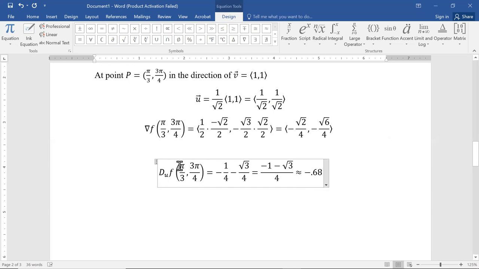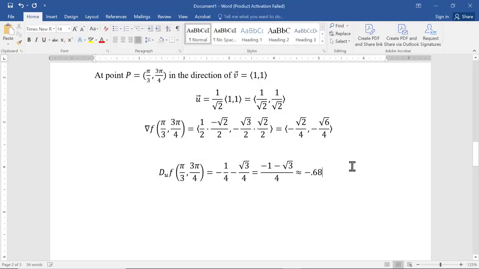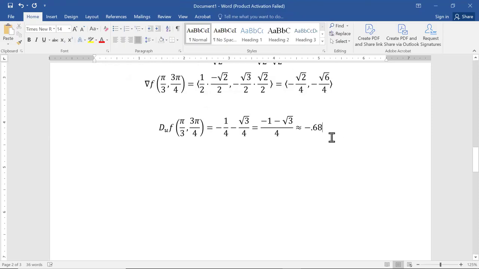So that means if I'm at this point and moving in the direction of vector 1, 1, my instantaneous rate of change for my z value is about negative 0.68.